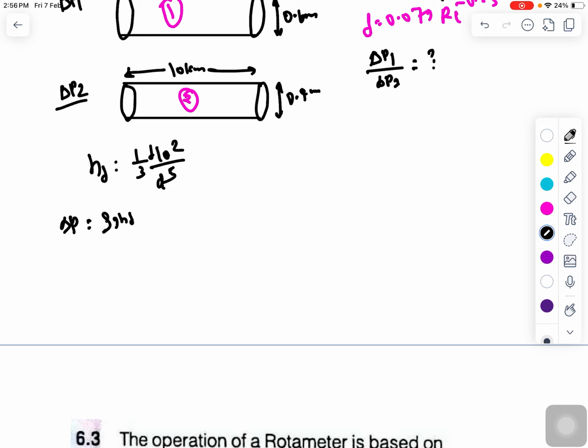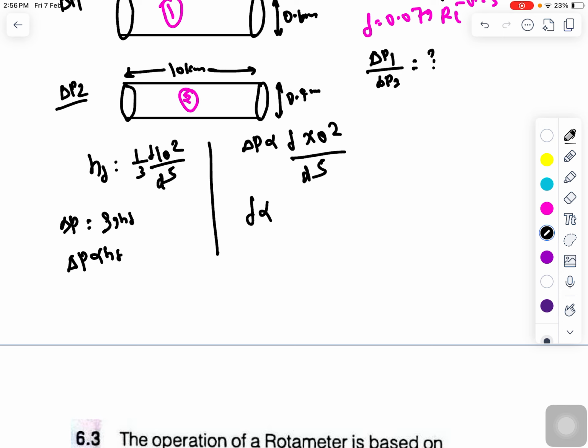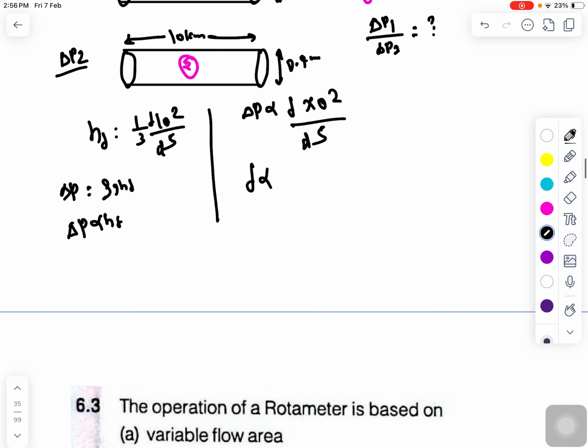So delta P is directly proportional to hf, that is, proportional to f into Q square divided by D to the power 5, and f is directly proportional to Re to the power minus 0.25, so Re to the power minus 1 by 4. So f will be directly proportional to D to the power minus 1 by 4.